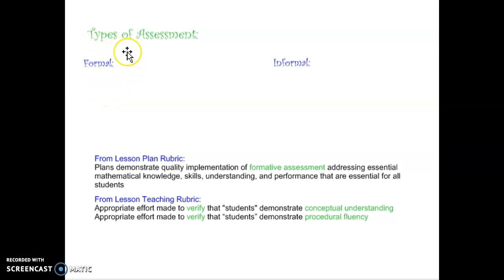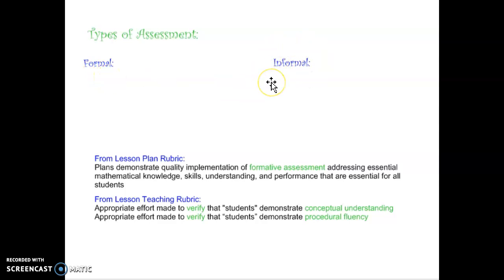I have heard it said, and this is somewhat true, somewhat not true, that the grades you see on a formal assessment should not be a surprise to you. You should have done enough informal assessment that you think, oh yeah, that's kind of what I expected to see from this student or this group of students. Spend a lot of time on that informal assessment, using it to inform your instruction and how you need to make changes before that formal assessment comes around.